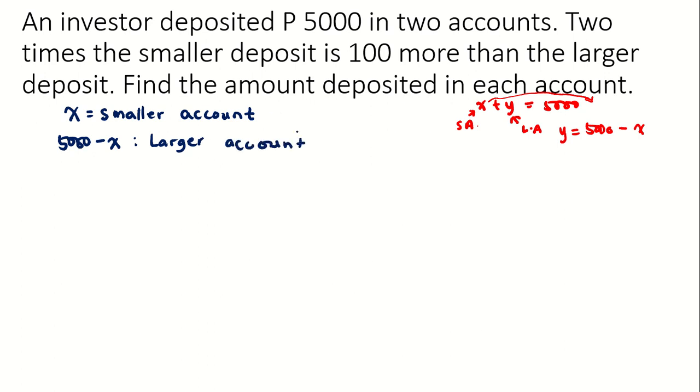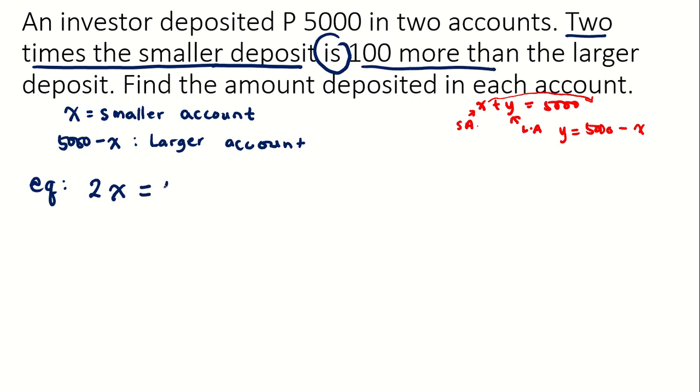Now let's go to our equation. Let's translate 2 times the smaller deposit. So that is 2x. Is means equal sign. 100 more than means 100 plus the larger account, which is 5,000 minus x.